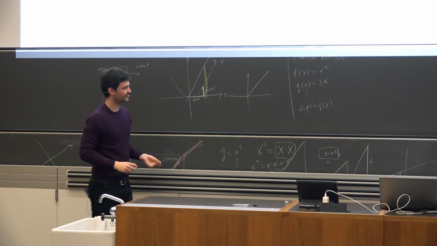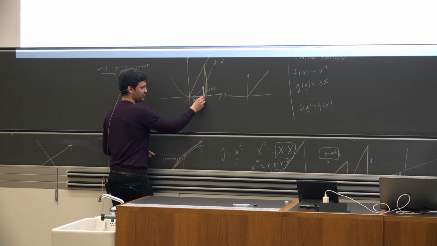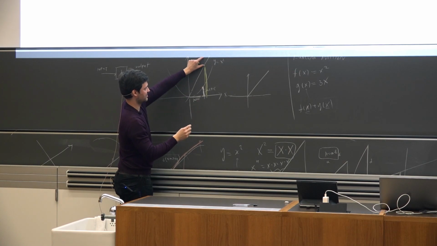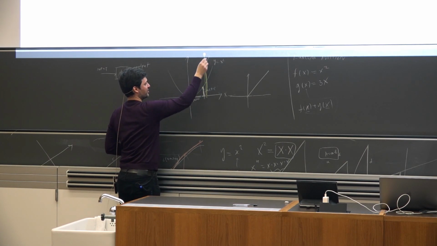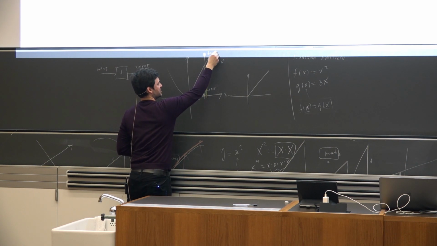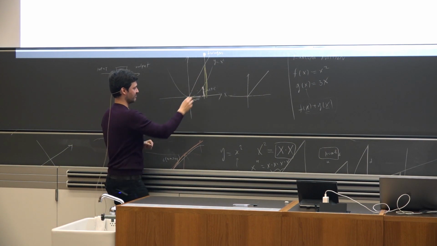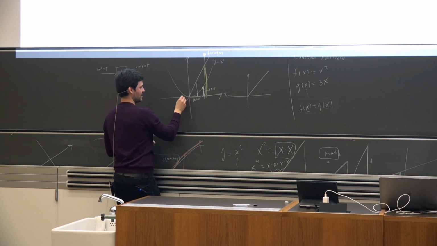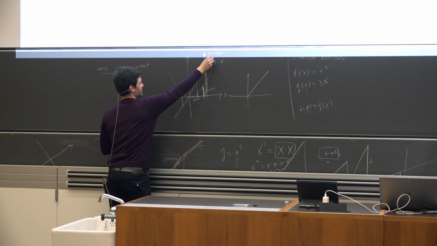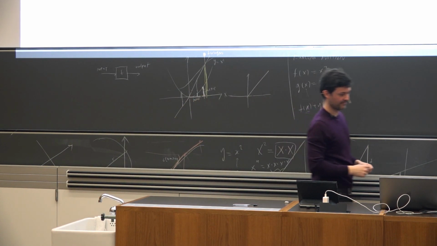And then the output of f of x plus g of x will be, for the same input, you just add the outputs, this output plus this output, which will lift this point here and give you the point for the input where you get f of x plus g of x. Now imagine you do it for each input, you just add both of them. So here you add this and this, here you subtract this from this, and you get some kind of curve, which will then be f of x plus g of x. Okay, easy.